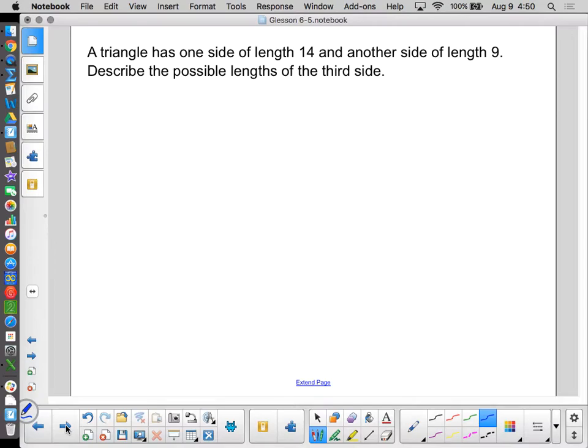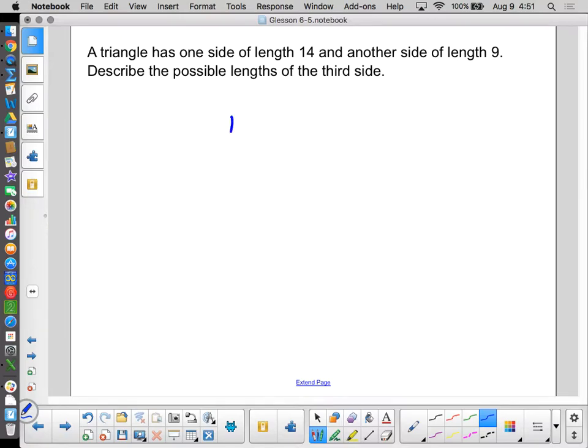This is interesting, though. A triangle has one side of length 14 and another side of length 9. Describe the possible length for the third side. So if I know two sides, what is the range of values that we could use for the third side and be legit for the triangle? Well, actually, this is very, very easy to calculate. Again, there's all sorts of formulas, but I'm going to boil it down for you very quickly.